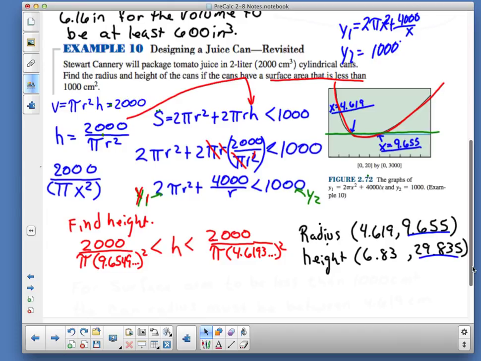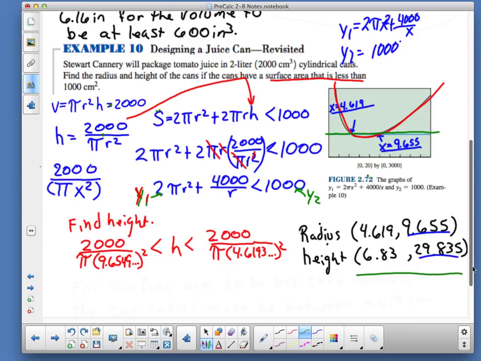Well, when I do that, what we're finding is the height. And when I have a radius that's really big, my height's small. Okay, so I had a radius that's really big, and my height went small. These are my heights.